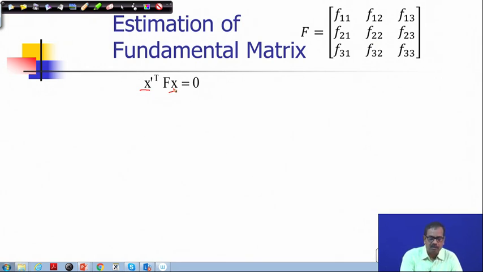Then the relationship of the fundamental matrix with this pair of points can be described in this form: x prime transpose F x.